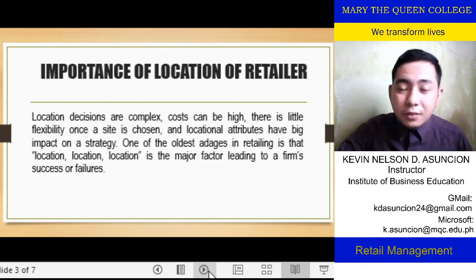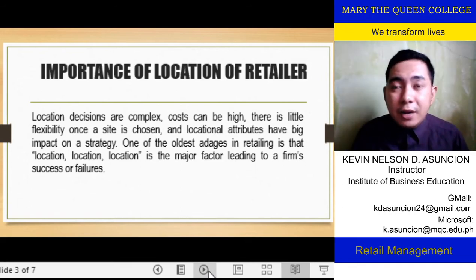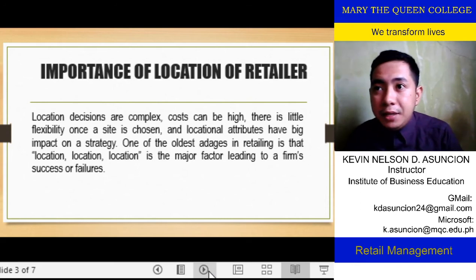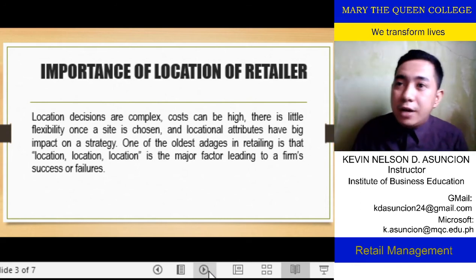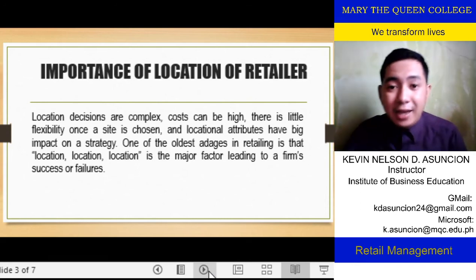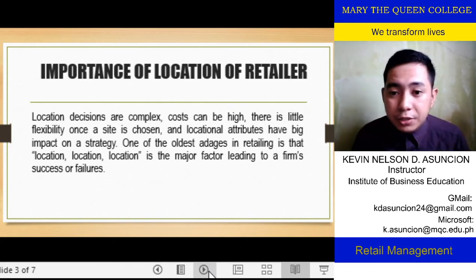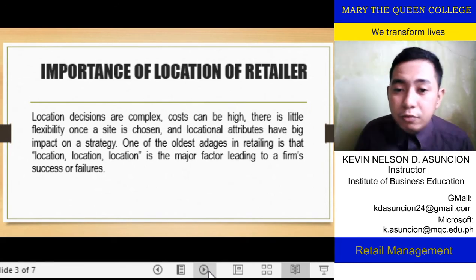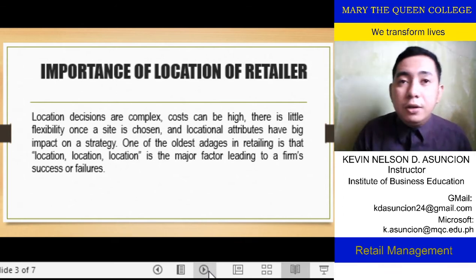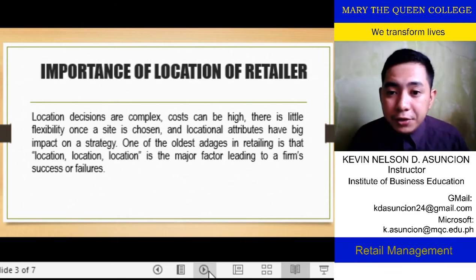So you might be purchasing or acquiring land or leasing land. That will entail cost, and you cannot be flexible on that, especially since you cannot move or roll from one place to another.